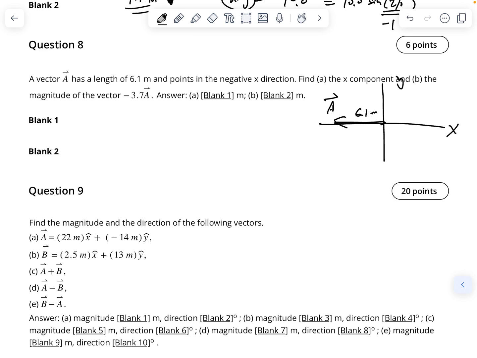So this is a vector, right? The magnitude of A equal to 6.1 meter, and the direction is basically 180, okay.